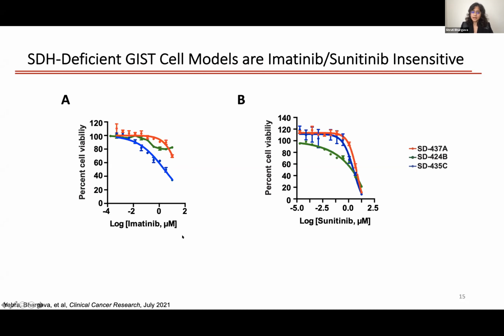So the data that I'm not showing here is that the KIT mutant cell lines were showing lower concentrations of imatinib and sunitinib to be effective for cell kill, which is depicted by the slope of the curves here, whereas the SDH cell lines required more concentration of the drugs to bring the same killing of the cells.